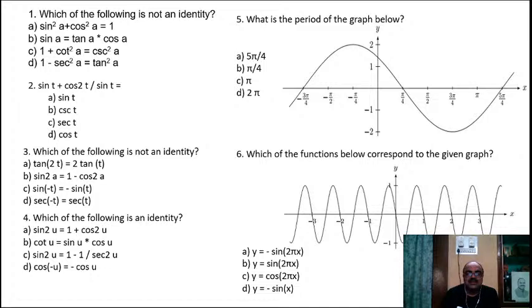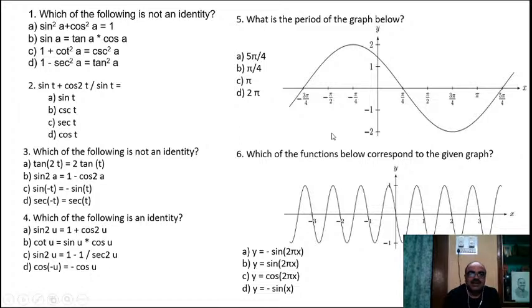Sin square u equals 1 minus 1 by secant square u. Cos of minus u is minus cos u. So here you need to tell me which is an identity. First is wrong. Second, it is not correct. Third, sin square u is equal to 1 minus 1 by sec square u. 1 by sec square u is how much? Cos square u. So 1 minus cos square u is definitely sin square u. So the third one is an identity. Hope you are getting this.